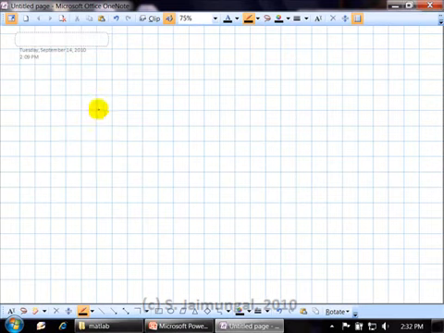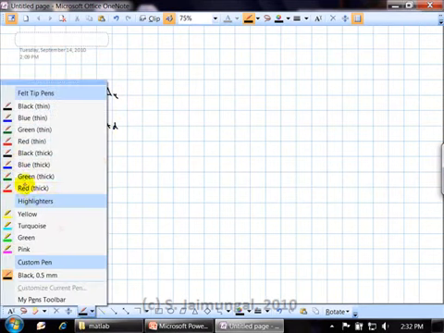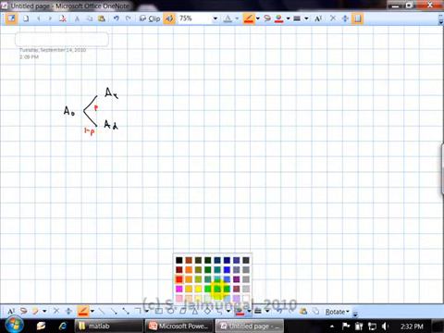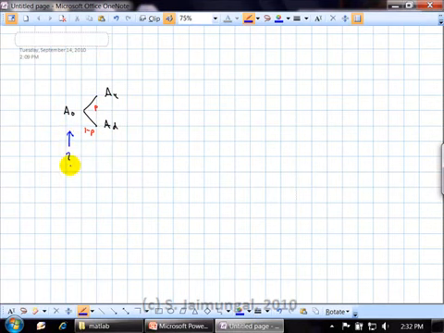So I'll sketch it this way: I have an asset today, I don't know what its current value is, but I do know what its two values are at the end of some time period. AU and AD are known, and P, which I'm going to call the branching probability, is also known. And the question is, what is a rational price for the initial value of that asset?